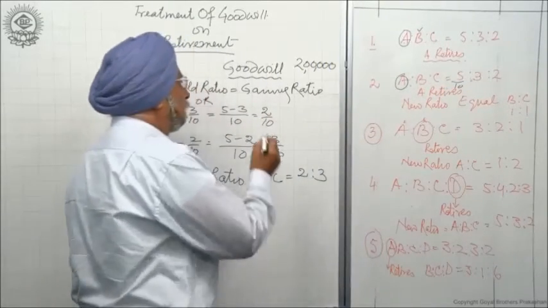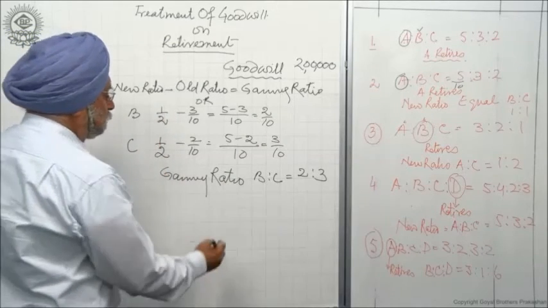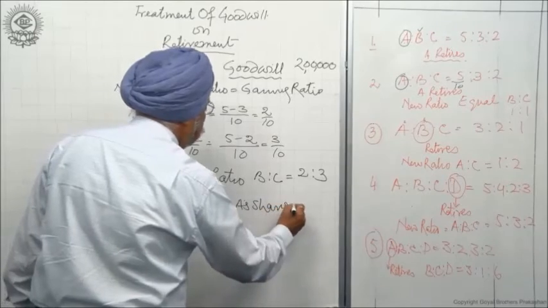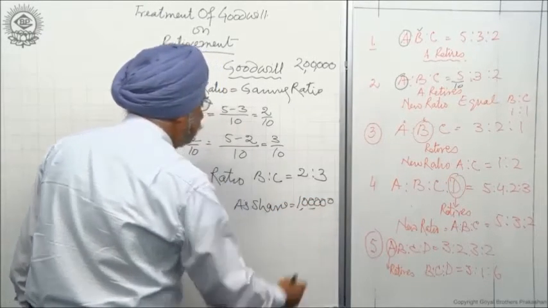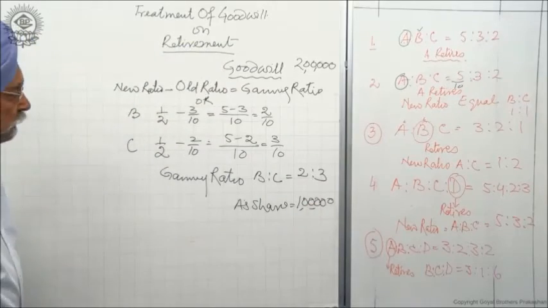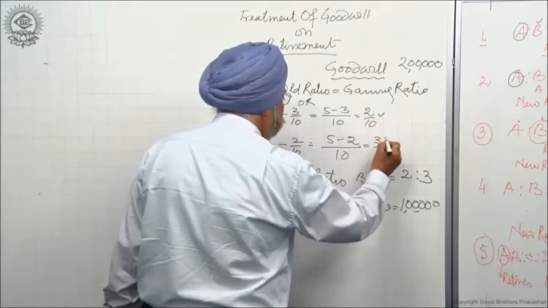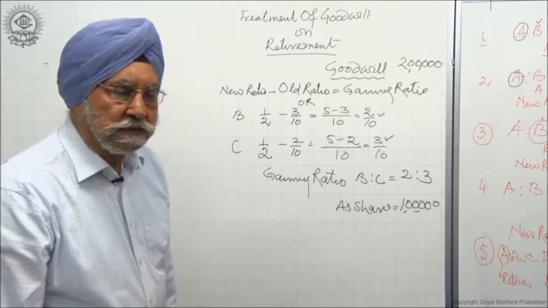So A's share is how much? 1 lakh. This 1 lakh will be given to A, and B and C will share this in the ratio of 2:3. 2:3 will be 40,000 and 60,000.